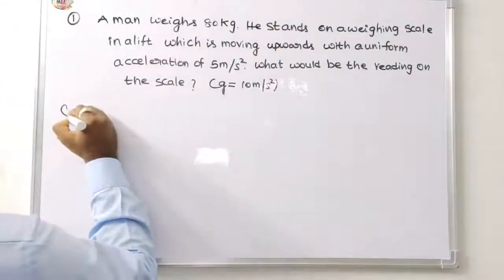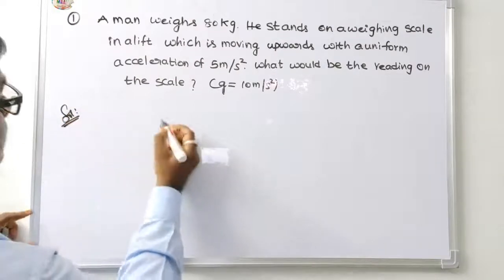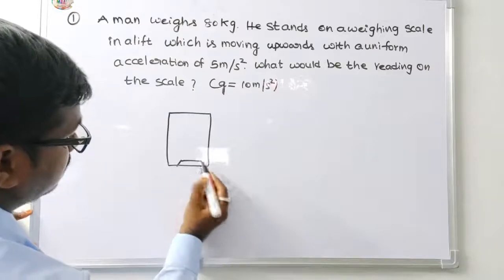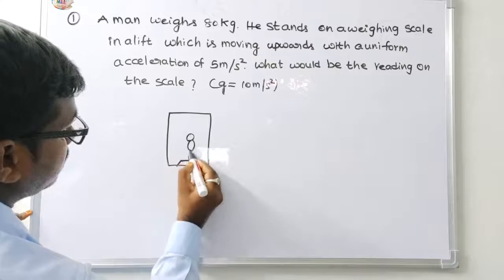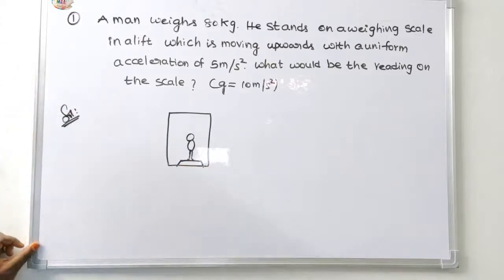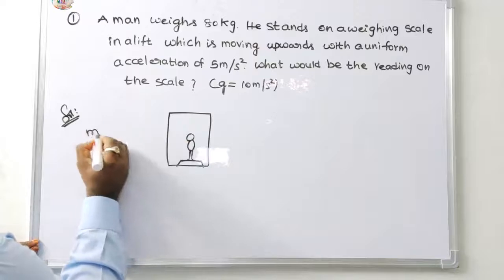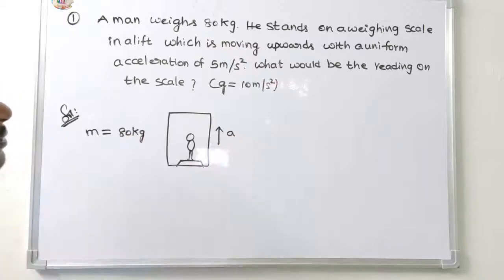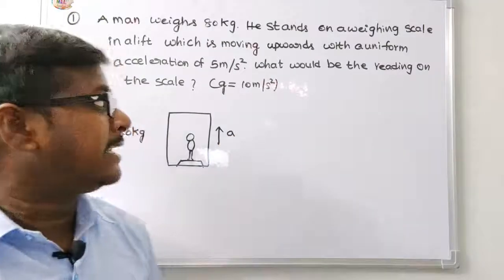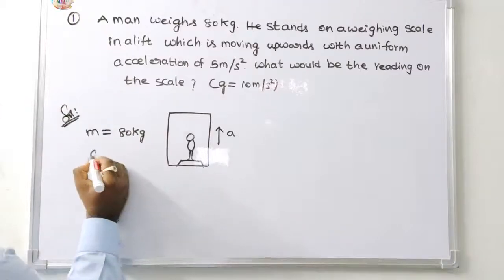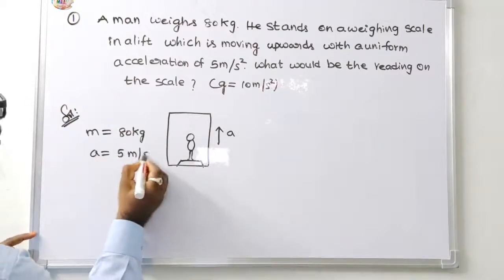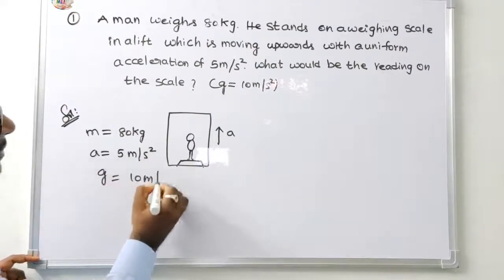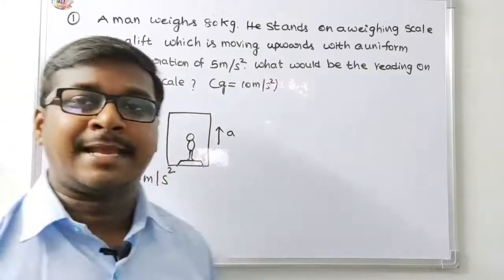Here the mass m is equal to 80 kg, the lift is moving upward with constant acceleration a, which is 5 meter per second square, and g is 10 meter per second square.